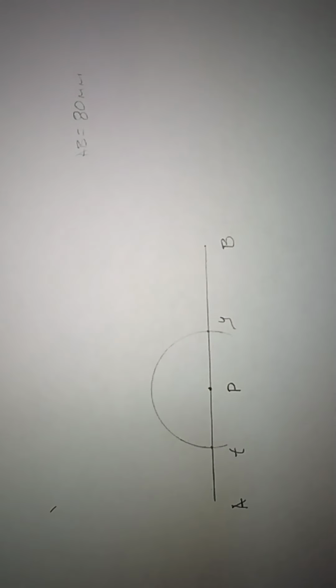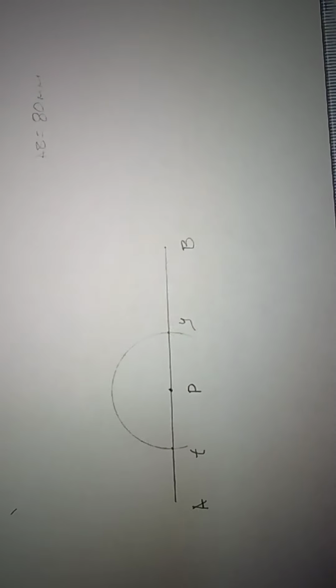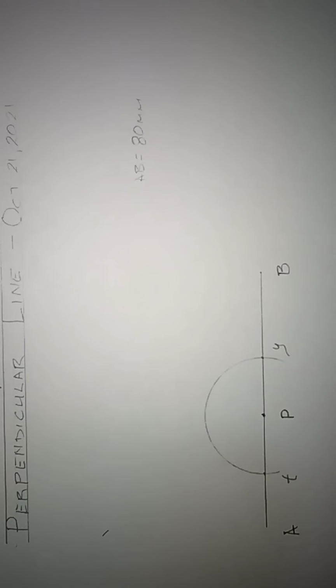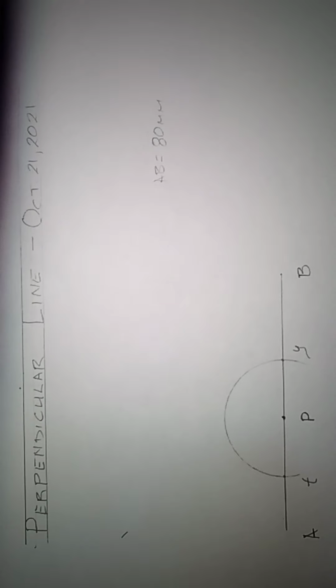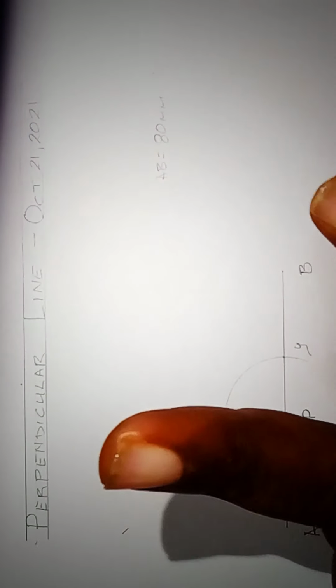Alright, now this curved line is called an arc because I use my compass to draw it. To accomplish the task of constructing the perpendicular line, I now need to draw two more arcs.